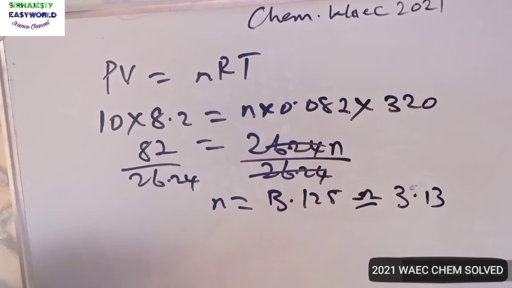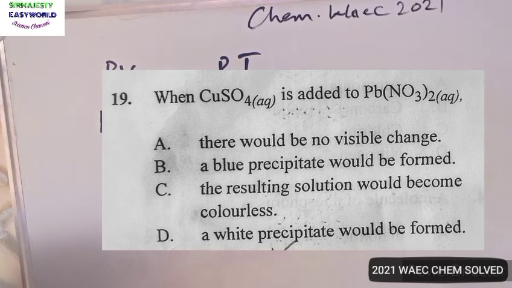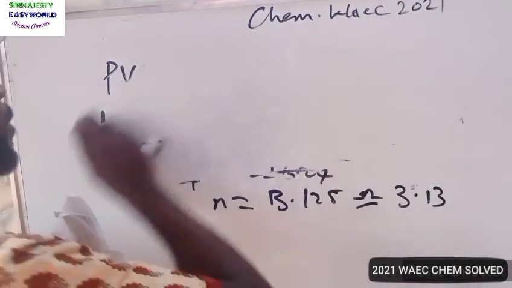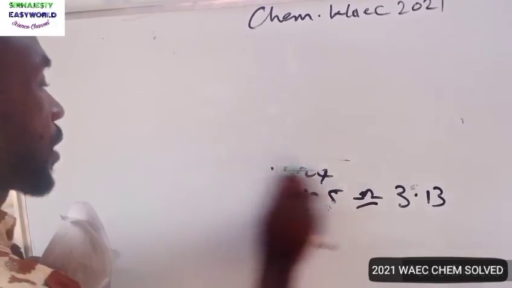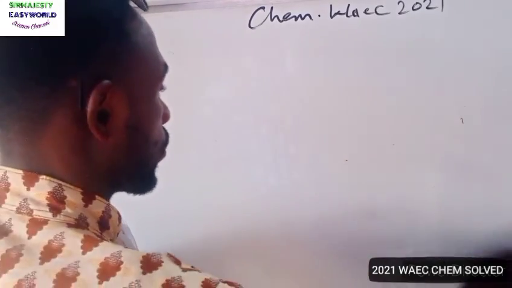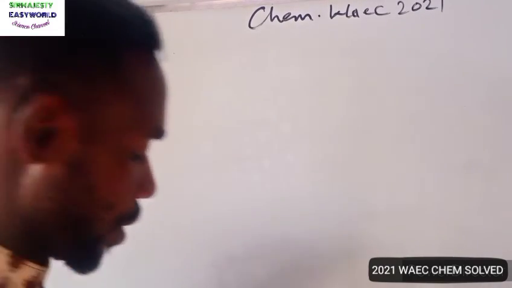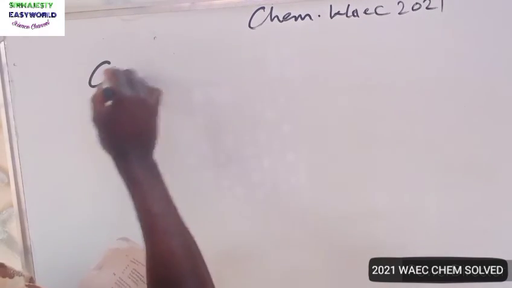Then question 19 says, when copper 2 tetraoxosulfate 6 aqueous is added to lead 2 trioxonitrate 5 aqueous, this is still the double decomposition reaction that we did. There will be a white precipitate of lead 2 sulfate. Remember, almost all the sulfates are soluble in water except that of barium sulfate and lead 2 sulfate. Barium and lead 2 are outstanding insoluble sulfates.